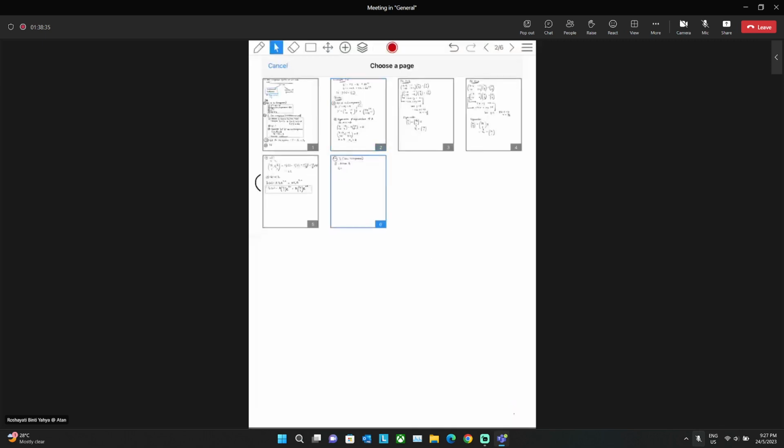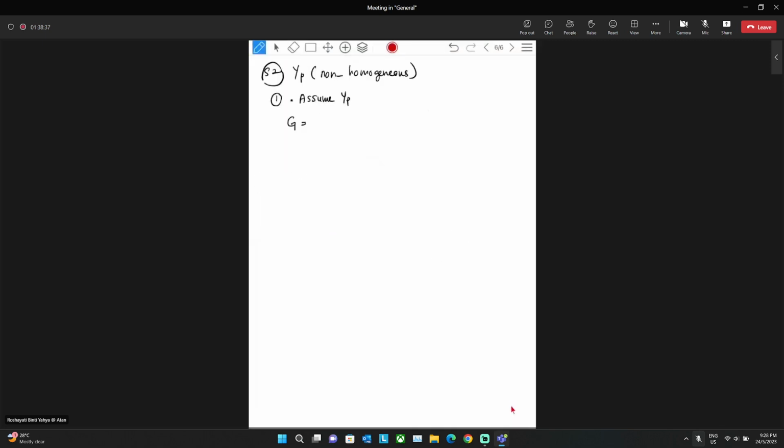So exponential here 5 exponential 2x minus 6 exponential 2x. So that you need to refer table.